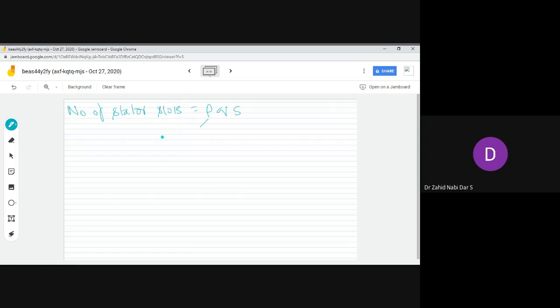This would be always 3, and Q value we need to substitute. So Q value can be either 2, or 3, or 5. If you keep it 1, it will not have any change, because if you are multiplying anything with 1, it will remain same.